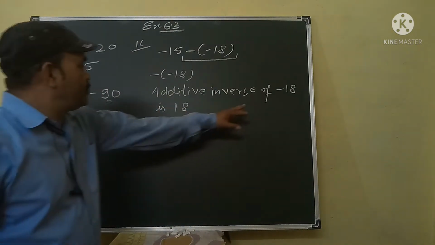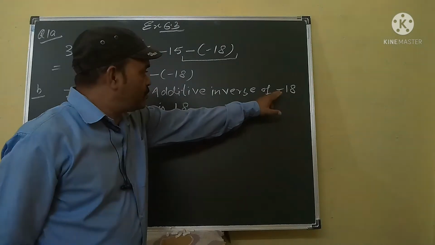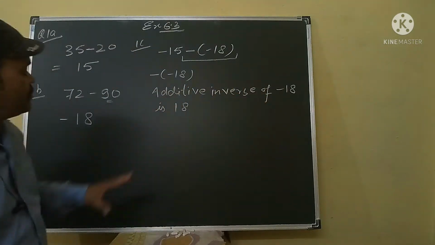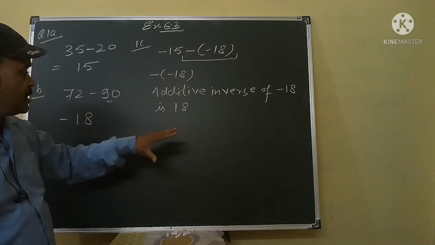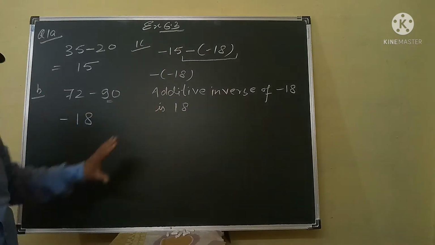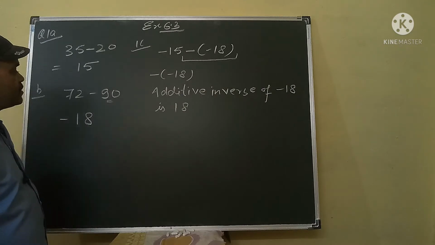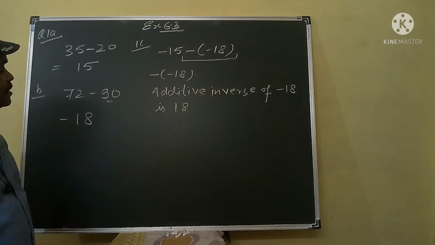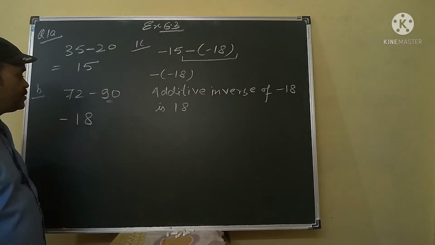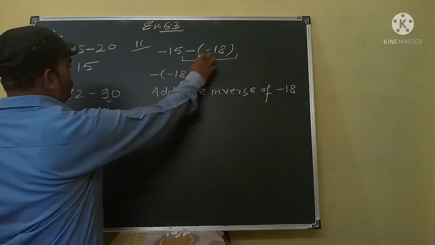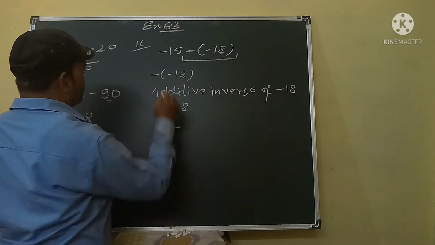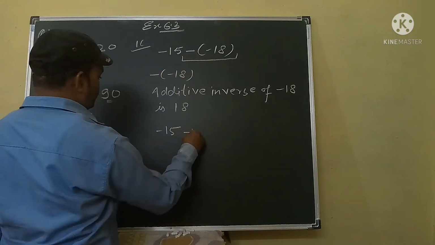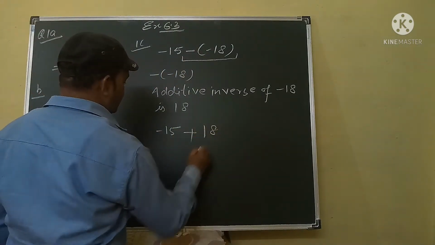That's why, minus 18 is negative. Okay. And the additive inverse of a negative integer is always positive. So this question will be changed. This is minus 15 plus 18.